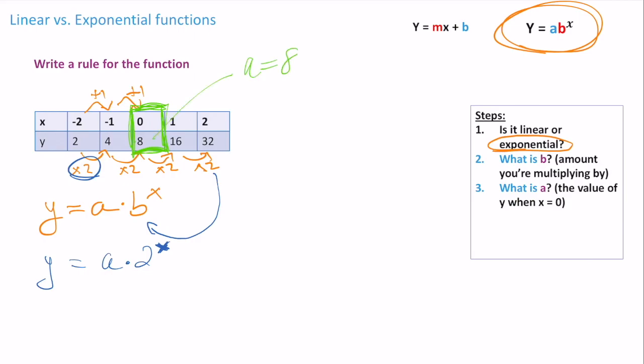That's where I'm starting. That's where my x value is 0, y is 8. I'm going to just pop that in. So now I have y equals 8 times 2 to the x, and I am done. That's my rule for this equation. And you could pop in any x value you want to see what the next value is going to be. You could pop in any of those to make sure it works, and that's how you'd work with it.